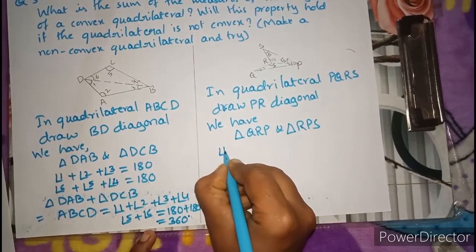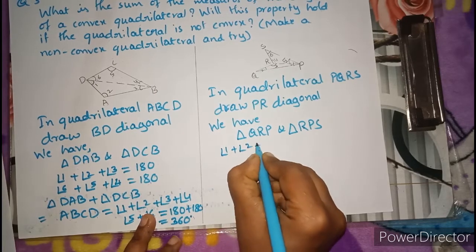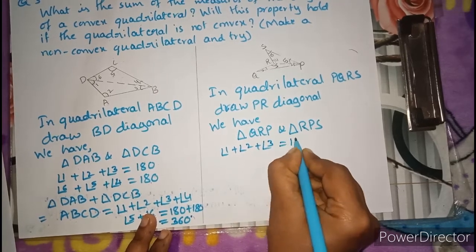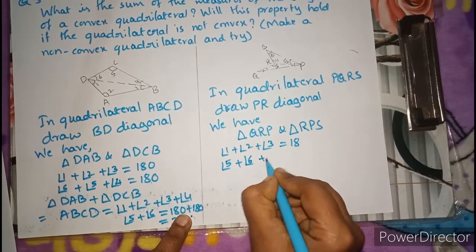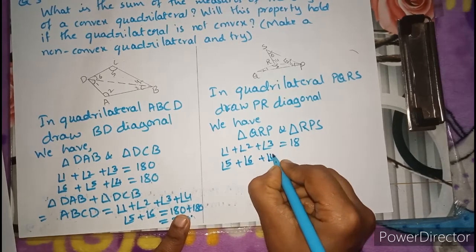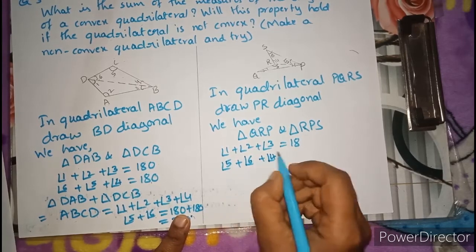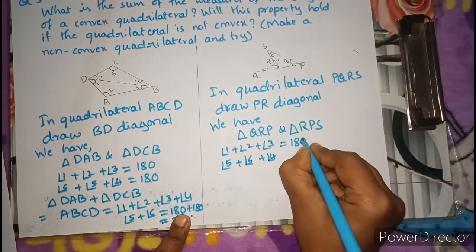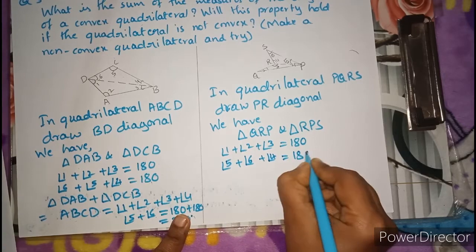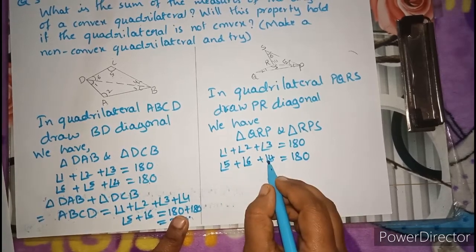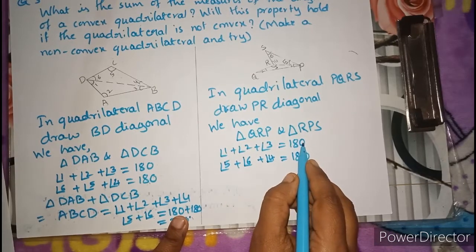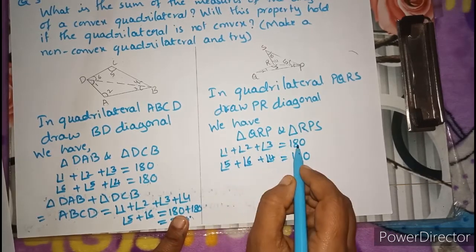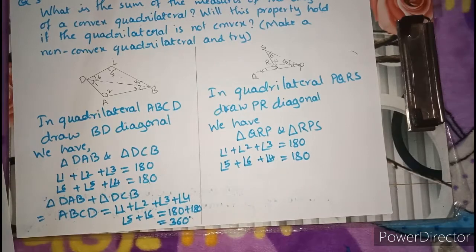So angle 1 plus angle 2 plus angle 3 is equal to 180, and angle 4 plus 5 plus 6 is equal to 180. The sum of these three angles is 180 degrees and the sum of these three angles is 180 degrees.